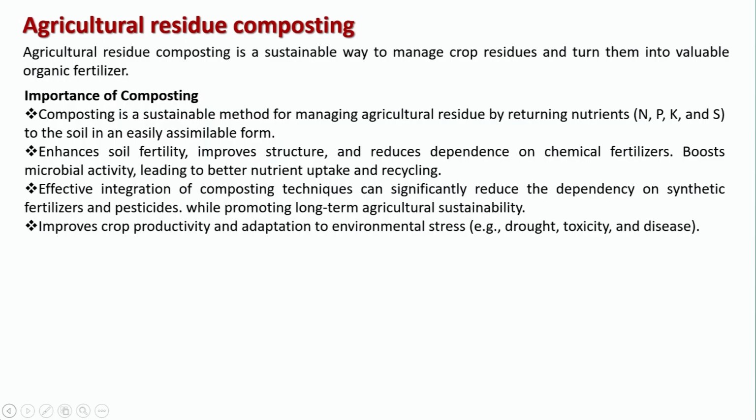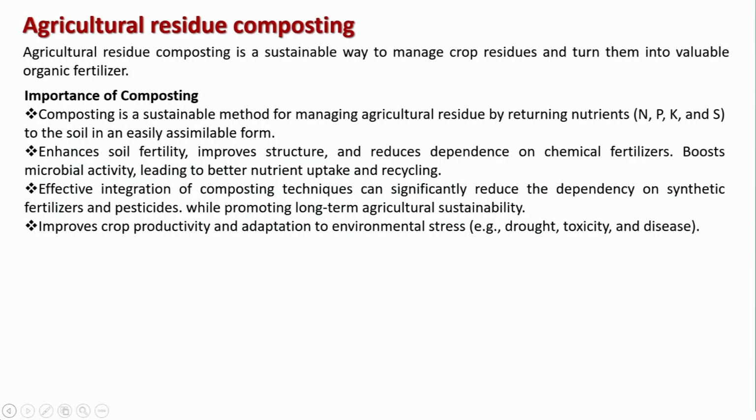How much we need to compromise, we have to decide, and it is based on the nature of the residues from which we are going to make the compost. While promoting long-term agricultural sustainability, we want to make sure that our natural resource base, particularly soil, water and microbiological diversity, remains intact and improves crop productivity.